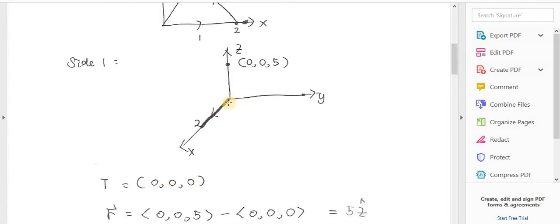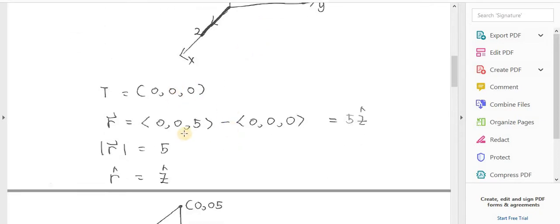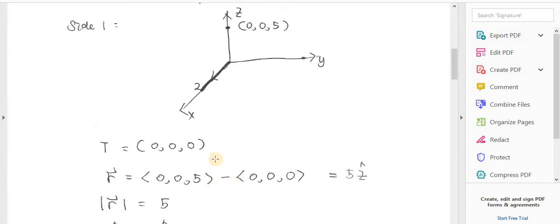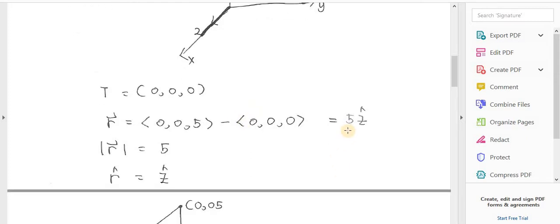For the x, we just follow the x of the observation point, which is 0. From the T point, we can find the vector r, which is the observation point minus the point T, equivalent to 5z. So the magnitude of r will be 5, and the unit vector r will be z.